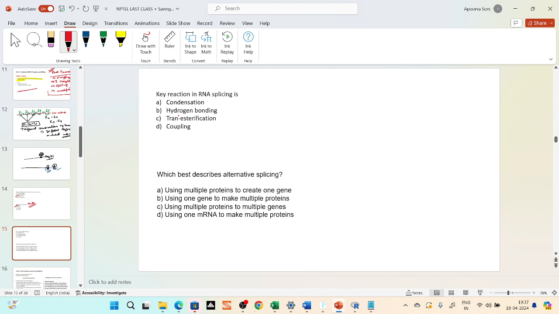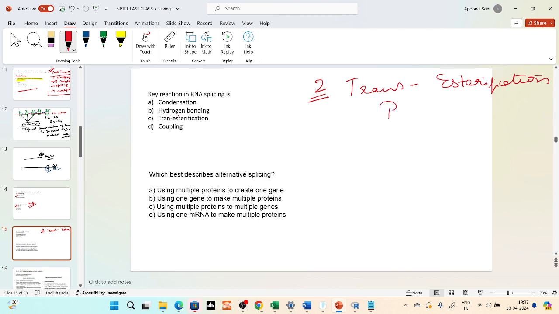Fine. Next question is, key reaction in RNA splicing is condensation, hydrogen bonding, trans-esterification reaction, or coupling. So if you remember, we have talked about that RNA splicing occurs by two sequential trans-esterification reactions.